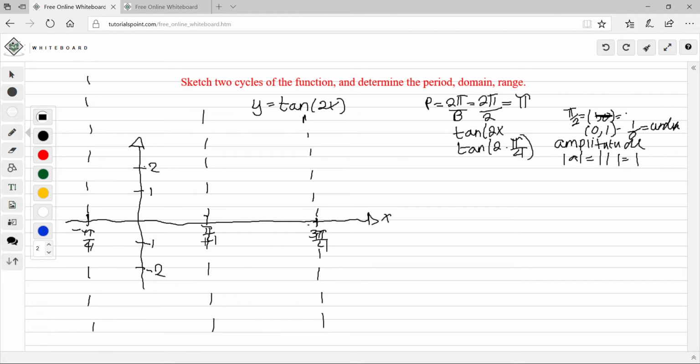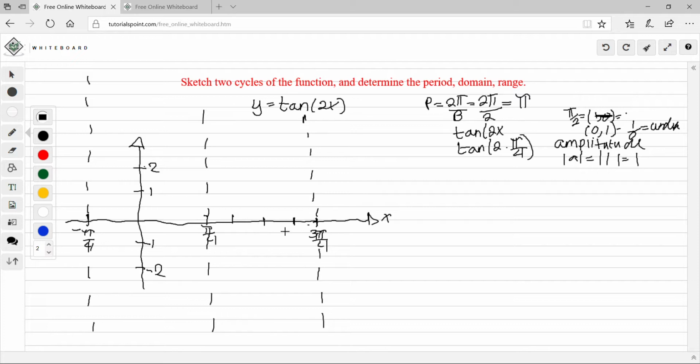Okay, so we need 5 points total over here. Including the asymptotes, it's 1, 2, 3, so that's a total of 5: 1, 2, 3, 4, 5.